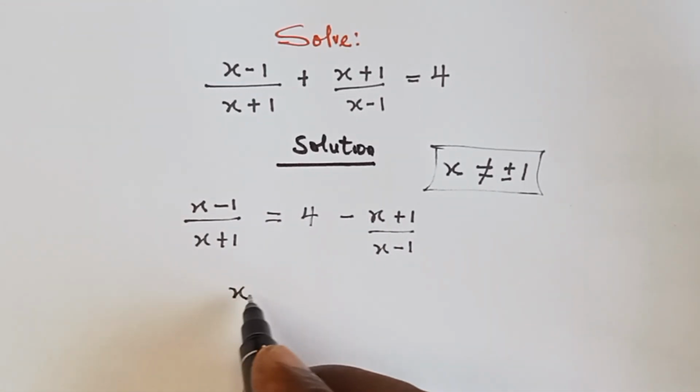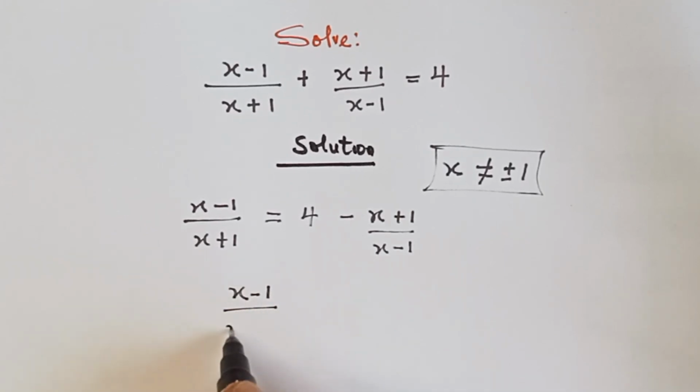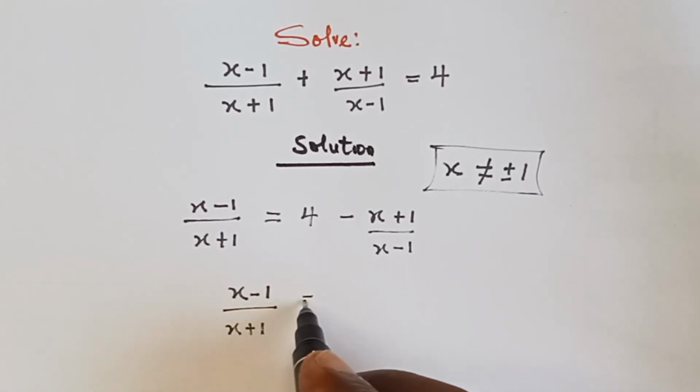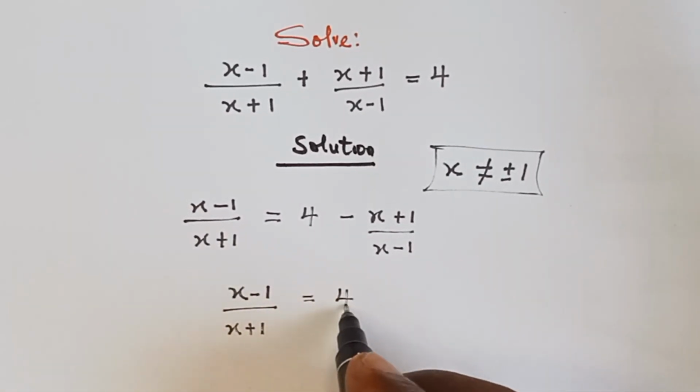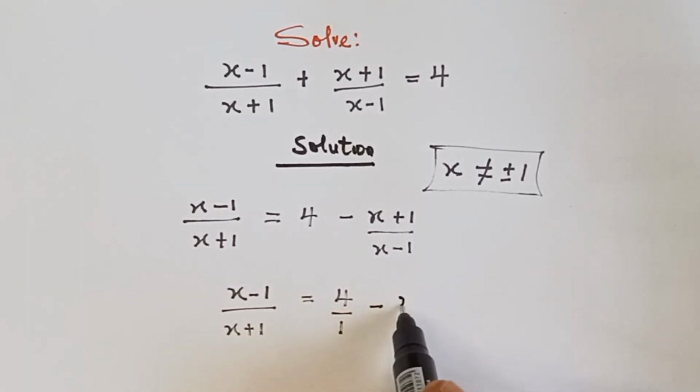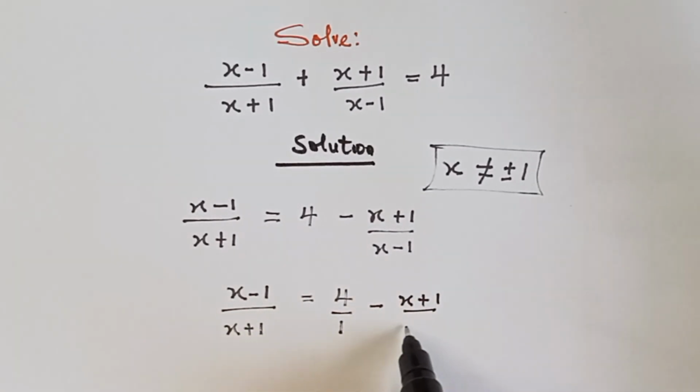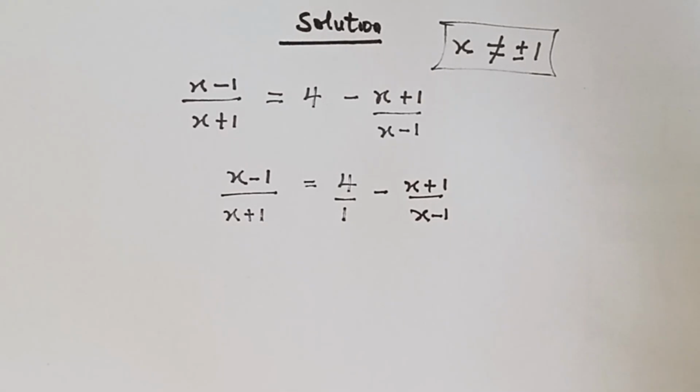So I have (x minus 1) over (x plus 1) equals, this becomes 4 over 1 minus (x plus 1) over (x minus 1).